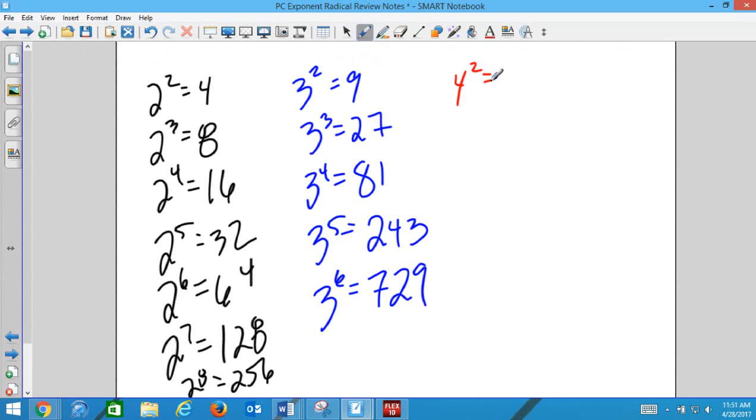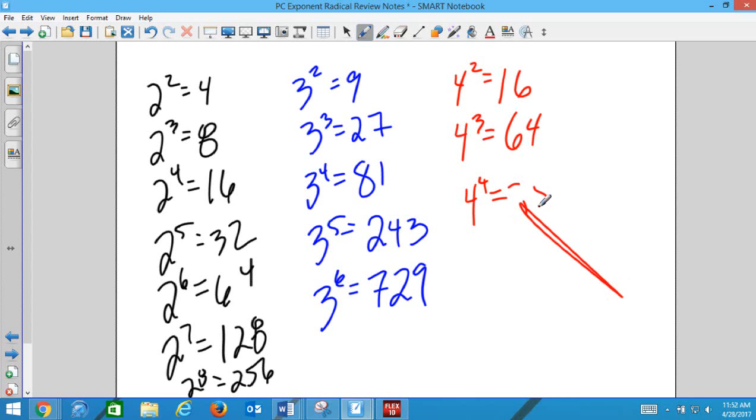4 to the second, 16. 4 to the third, 64.